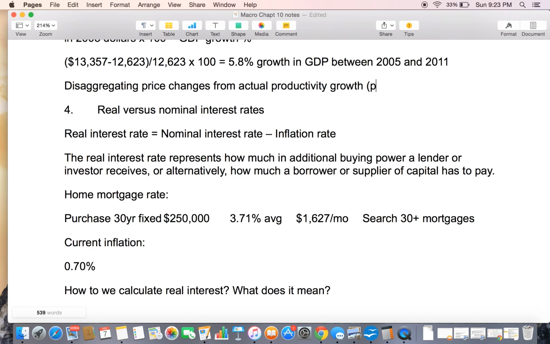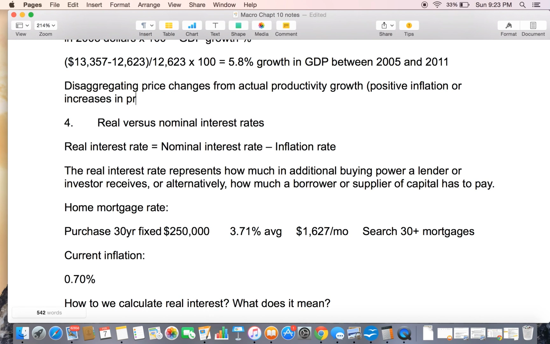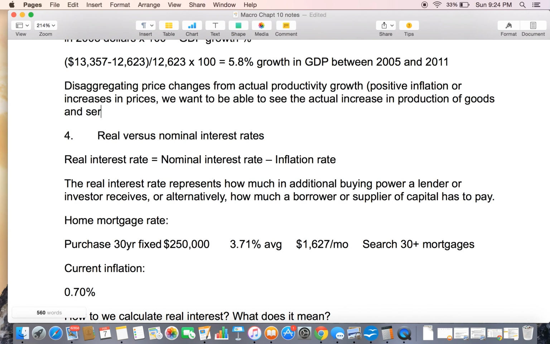So as we have positive inflation or increases in prices, we want to be able to see the actual increase in production of goods and services. Is the value adjusted for inflation increasing or decreasing?